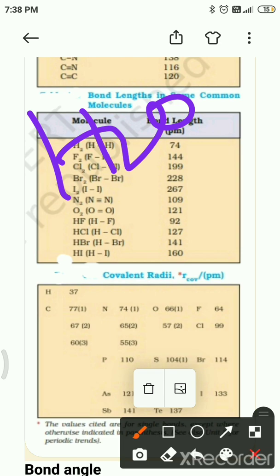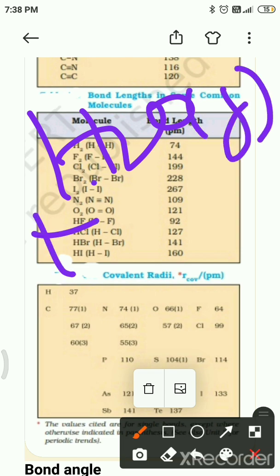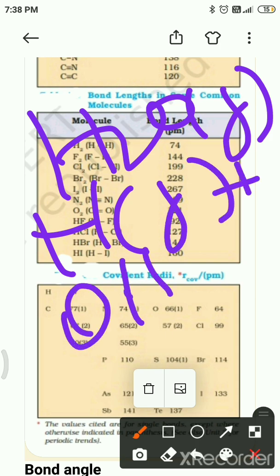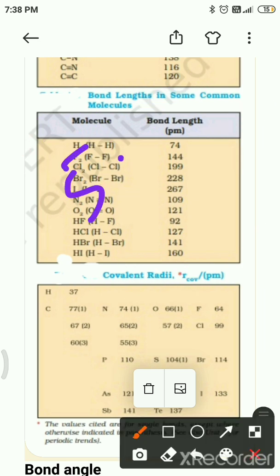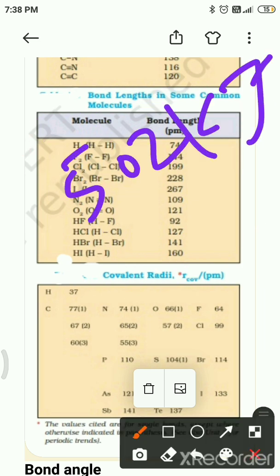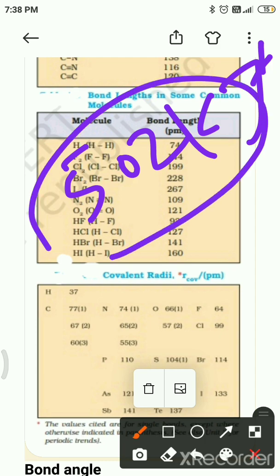H2O gas gives hydrogen gas plus OH, with 502 kilojoule per mole, which is the enthalpy of water.